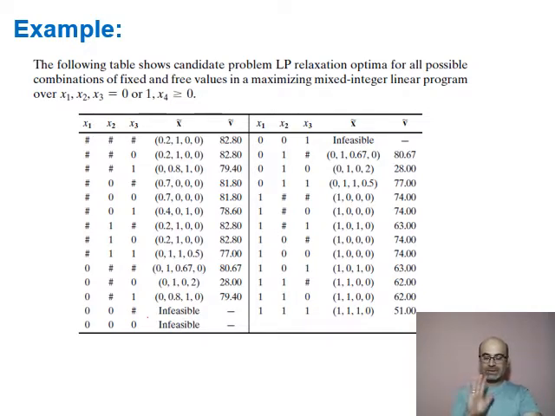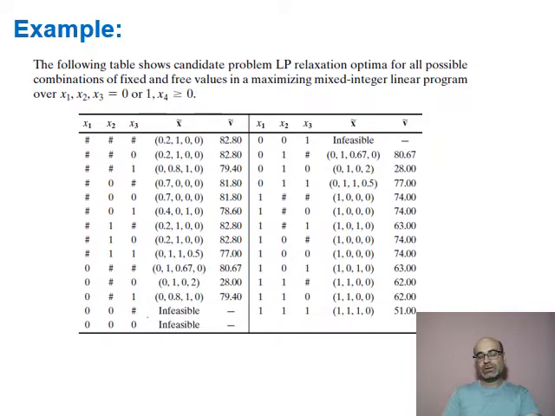All decision variables are free, they are continuous between 0 and 1, and x4 is already continuous. So this is the LP relaxation, and this is node 0, the root node. The solution is given here in the fourth column of the table. This is the solution of the LP relaxation.